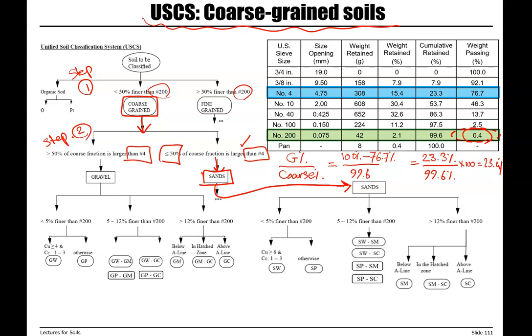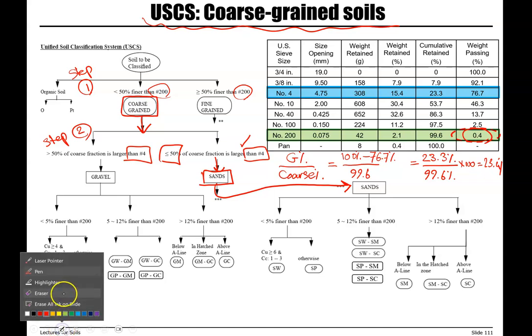In step 2, we calculated the coarse fraction larger than number 4, the amount of gravel in the coarse section of our soil. It's 23%. It's less than 50%, which means we have more sand compared to gravel.